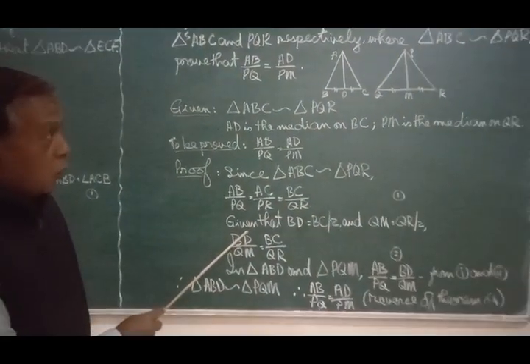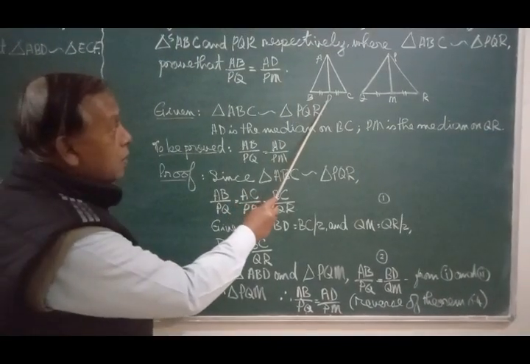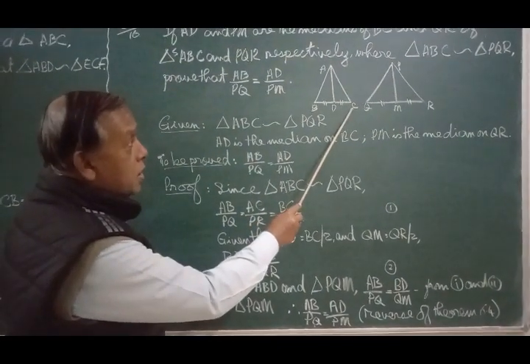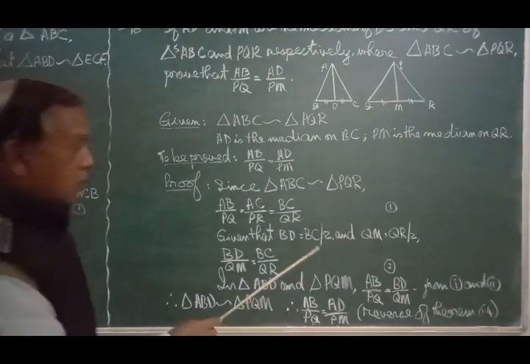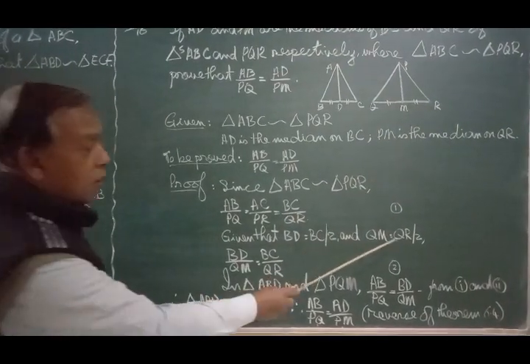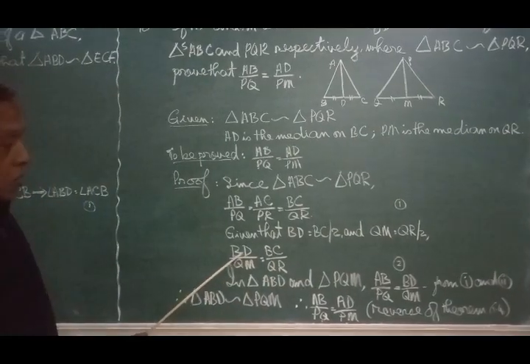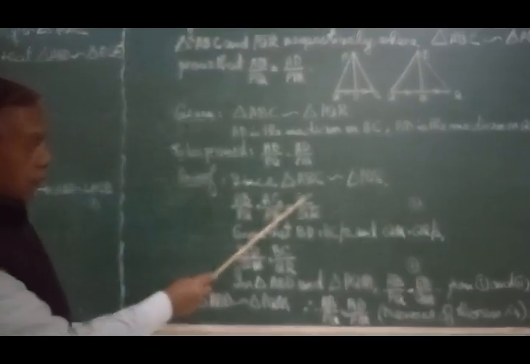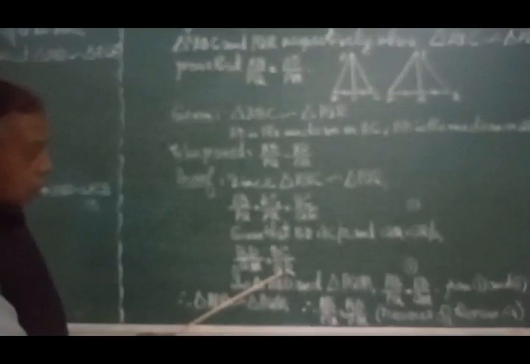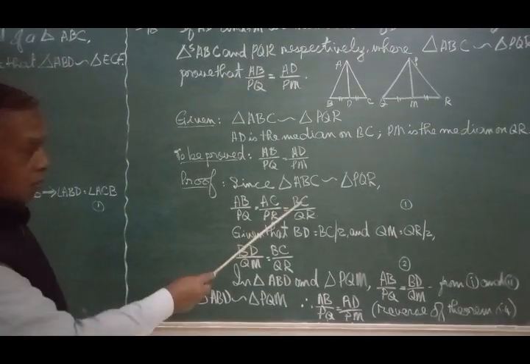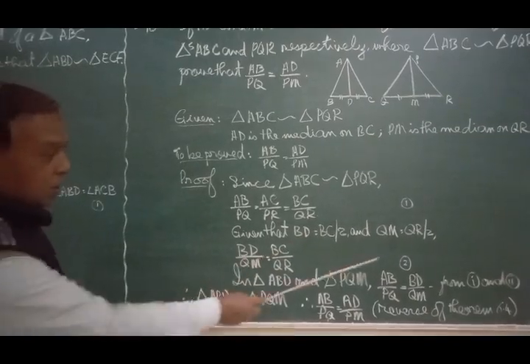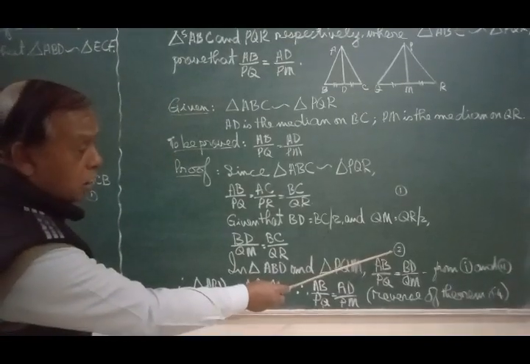But however, we know that BD is half of BC and QM is half of QR. So divide by 2, divide by 2. And therefore we say BC upon QR is the same as BD upon QM, half exactly. That is the second point that we have proved.